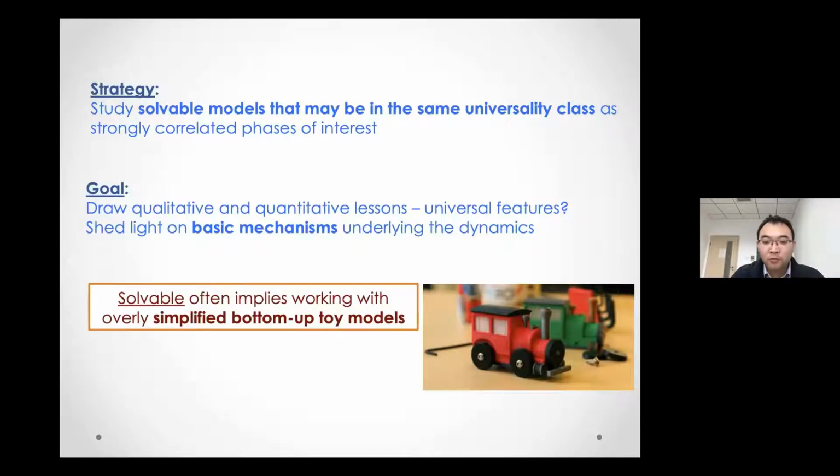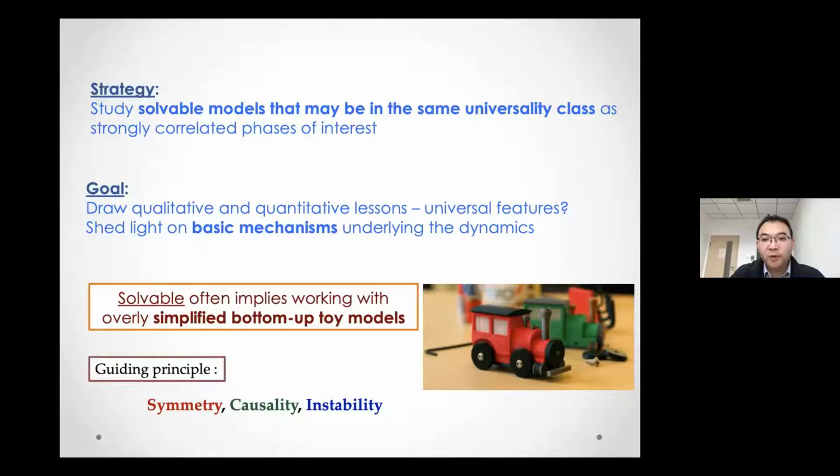The model might be very simple, but we hope it can capture the main features of the system we are interested in. We have some useful guiding principles, including symmetry, causality, instability, and so on. I will talk about these guiding principles later.